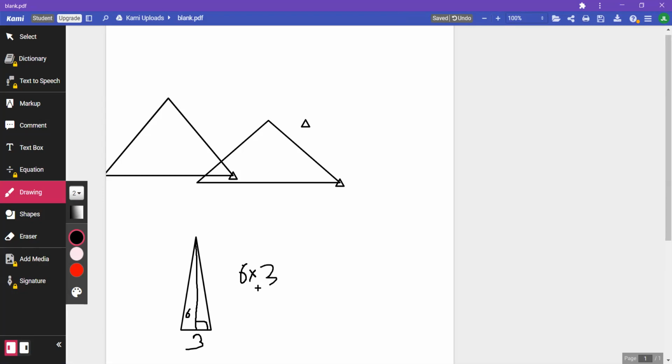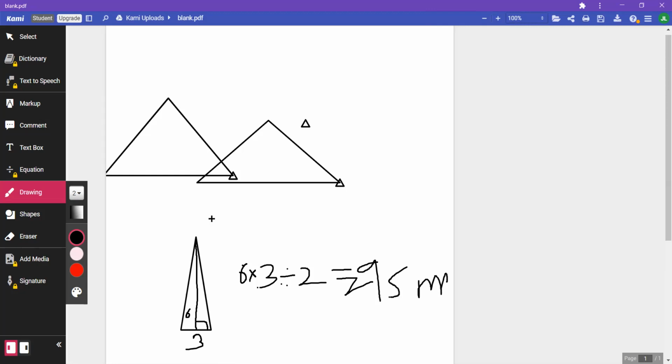Multiply 6 by 3, then divide by 2. 18 divided by 2 is 9. So the area is 9 square meters.